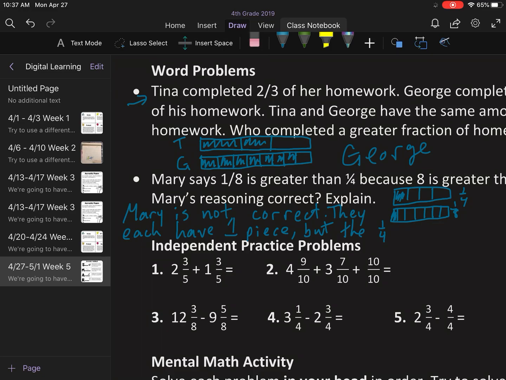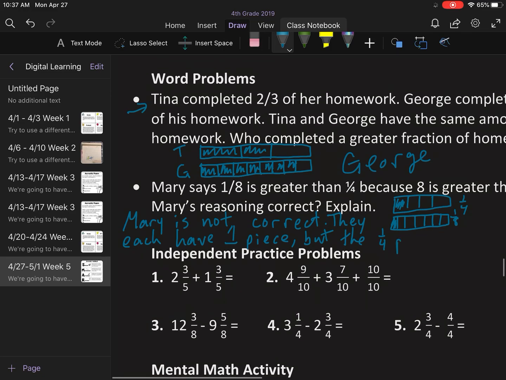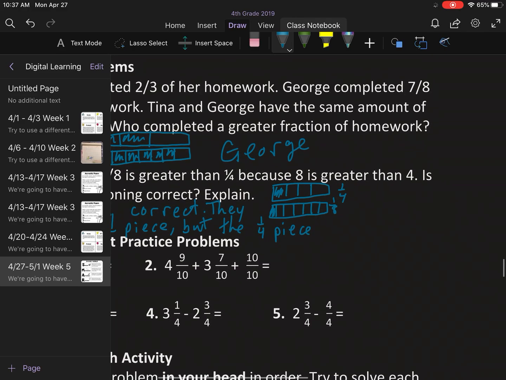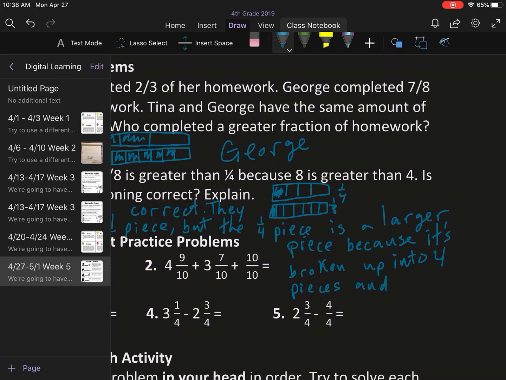That was my mistake. But the 1/4 piece is a larger piece. Because it's broken up into 4 pieces and not 8 pieces. Remember, if you break it up into more pieces, those pieces get smaller.